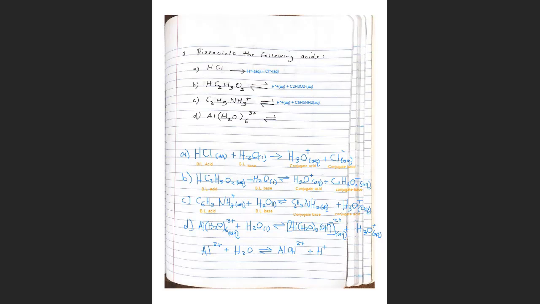These are Lewis acids, the electron pair acceptors, and water here ends up being the electron pair donor, or the Lewis base. Yes, because Lewis acids and bases by definition are based on electron pair donation and acceptance. That is correct. Exactly.